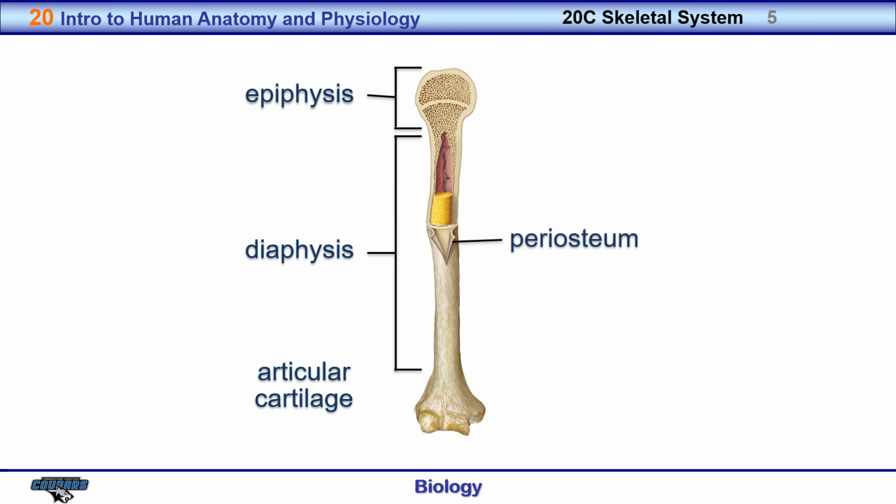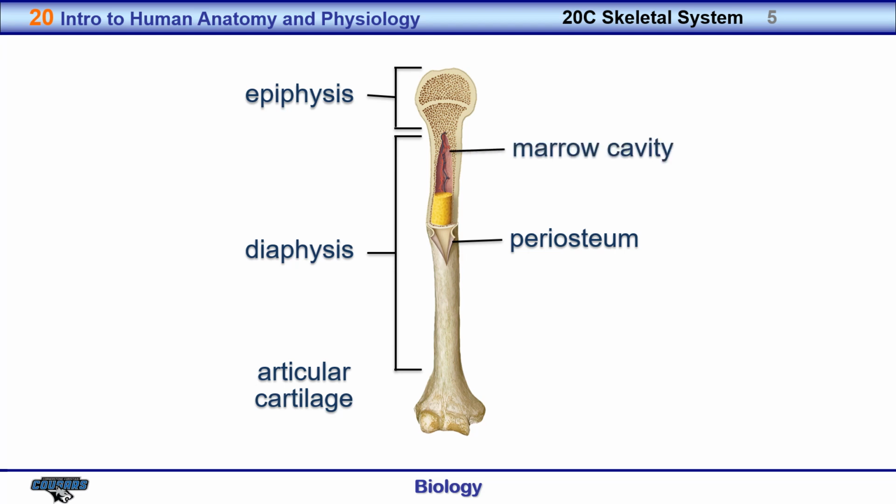Then the diaphysis of the bone is covered with a layer of dense white fibrous tissue called the periosteum, and that's responsible for giving a place for the muscles to attach. It's also responsible for helping the bone to grow or to repair if you should break a bone.